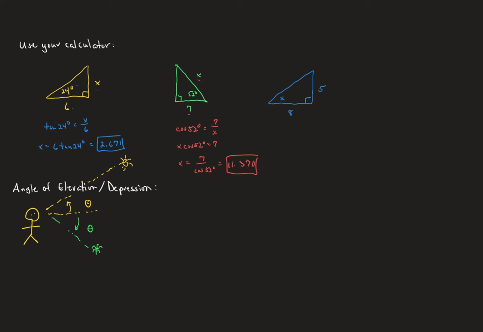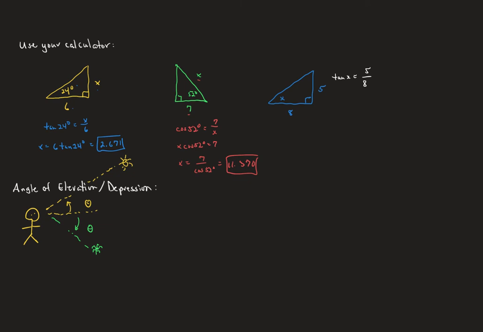On the next one, for this angle x, the 5 is the opposite and the 8 is the adjacent, so the trig function that connects opposite and adjacent is a tangent. From Sohcahtoa, tangent is opposite 5 over the adjacent 8.